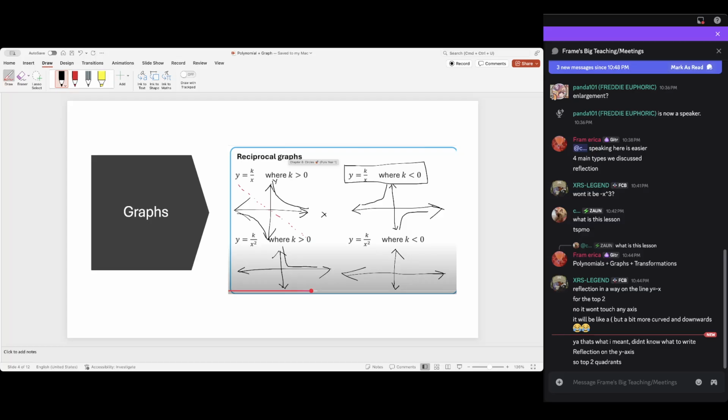Yeah. No, the negative squared is obviously positive, so y is more than 0, and if k is less than 0, then it's just a reflection.